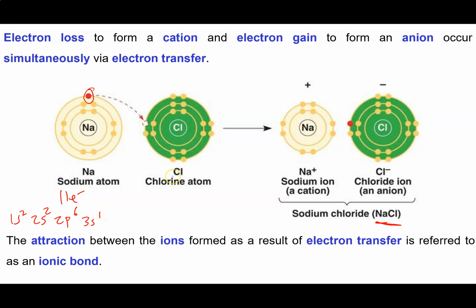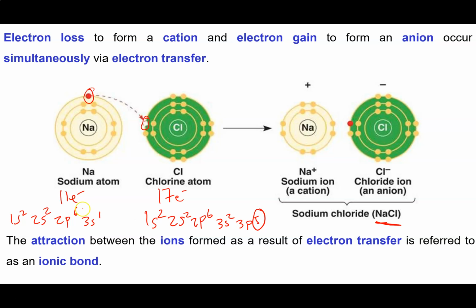Now here's a chlorine atom, and chlorine has 17 electrons, and it has this electron configuration, 1s2, 2s2, 2p6, 3s2, 3p5. So what you can see is that there is a possibility for a chlorine atom to take on another electron and complete this p subshell.